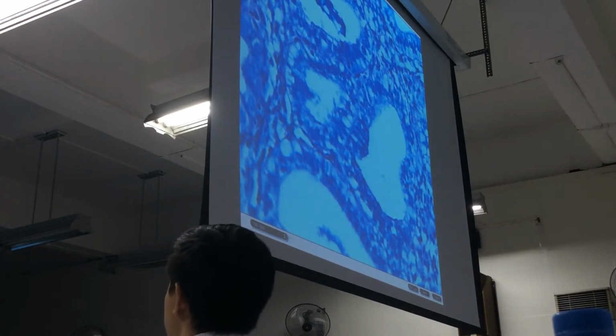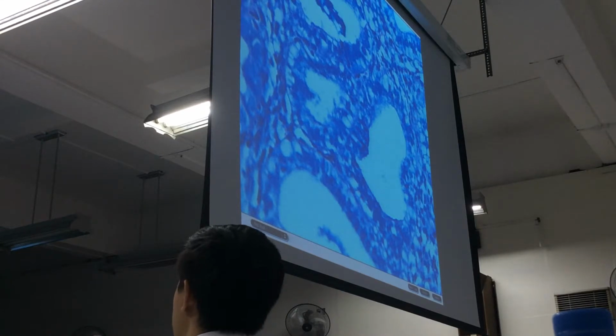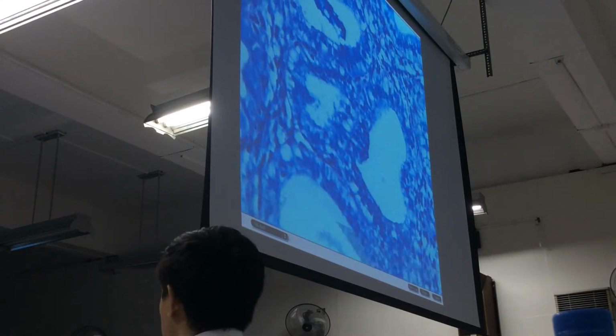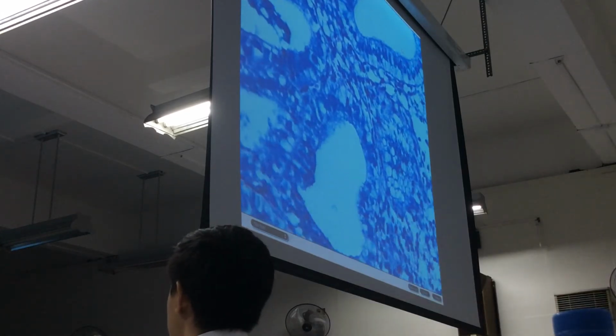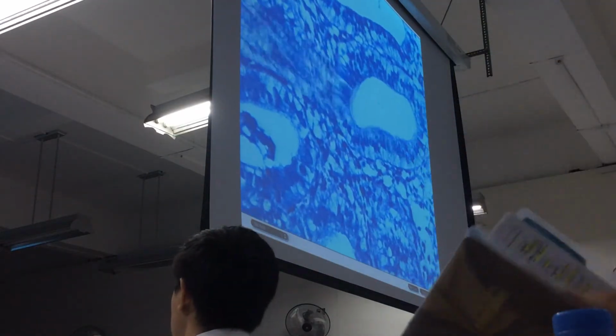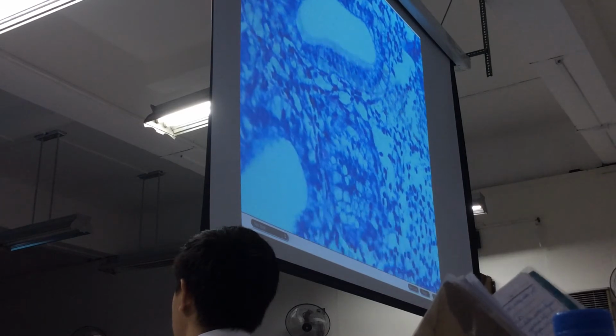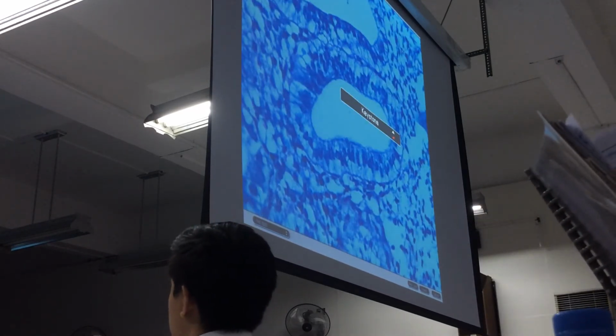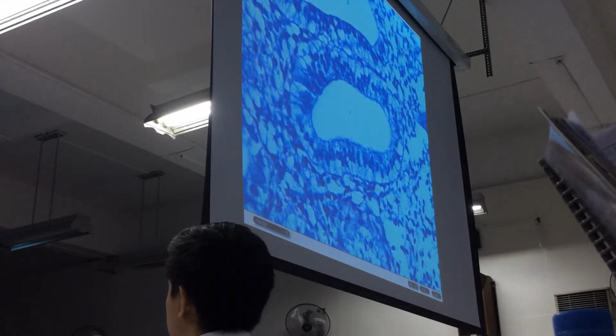When you see subnuclear vacuolations in the practical exams, that is happening in the secretory days, day 16 or day 17. If you look at the ovary of this type of endometrium, you will see a fresh corpus luteum, because the ovum has just been released.